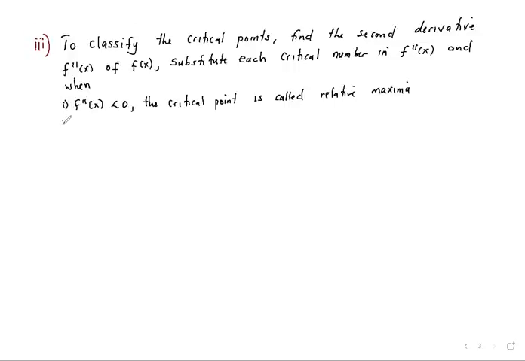That is 1, 2. When f prime prime of x is greater than 0, the critical point is called a relative minimum.